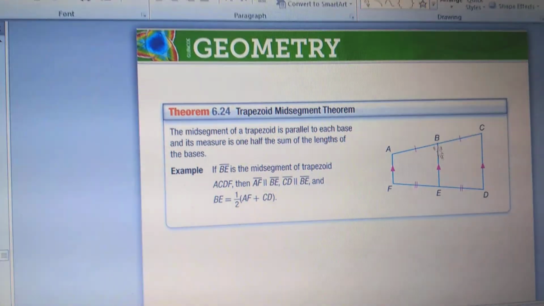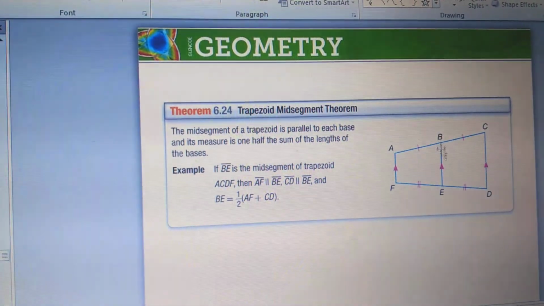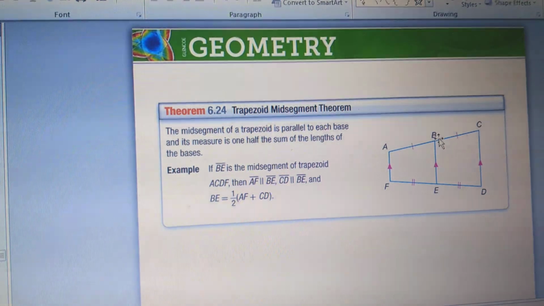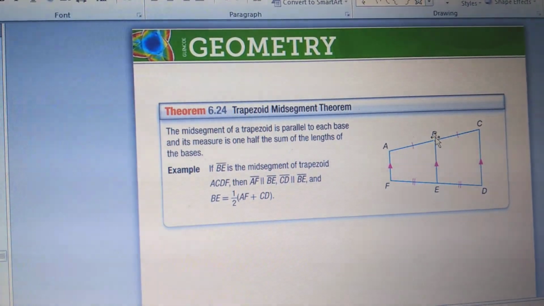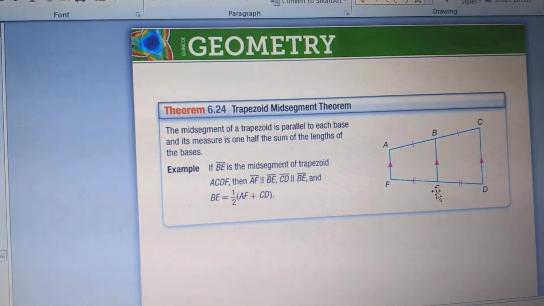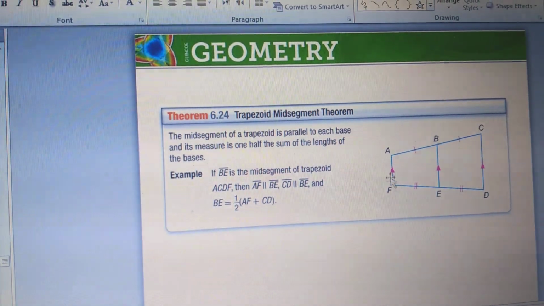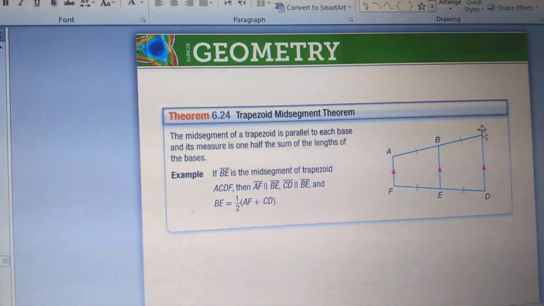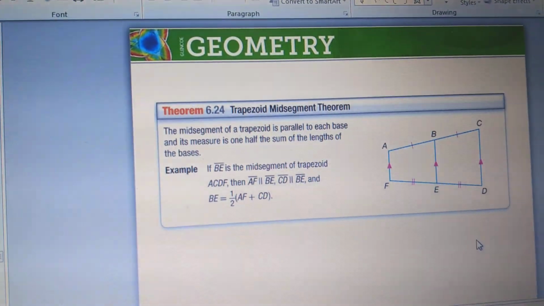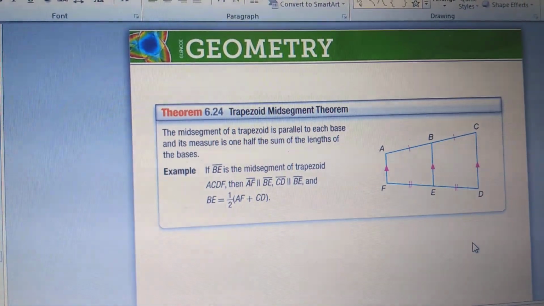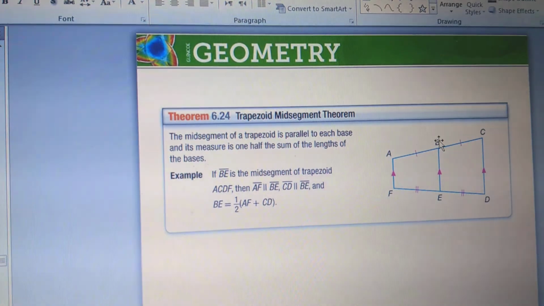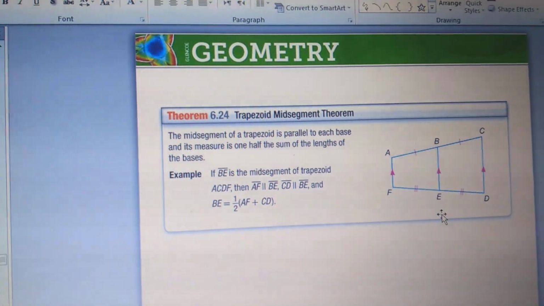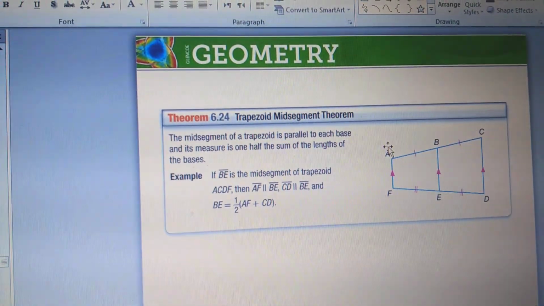What are the properties of this? It has two properties. First one, it is parallel to the bases. This means BE is parallel to AF and BE is parallel to CD. This is the first property. The second one, the measurement of BE is half of the sum of the two bases.